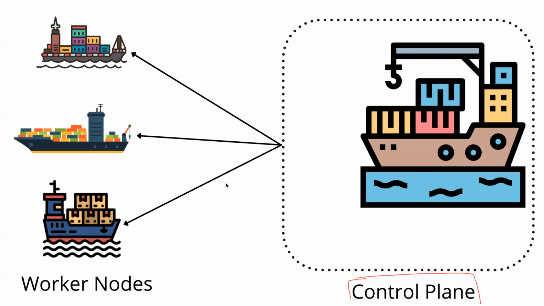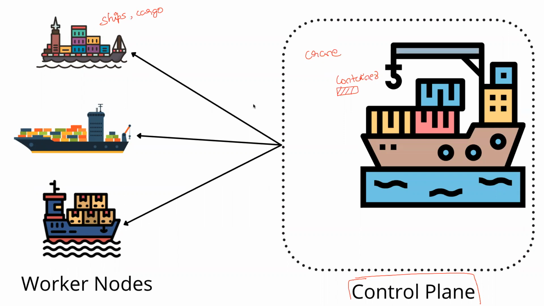So let us try to understand this. Here we have a ship that has a big crane which is responsible for picking some containers, right? And it is going to place these containers on the ships here. These ships are basically cargo ships that will take these containers to the respective place.